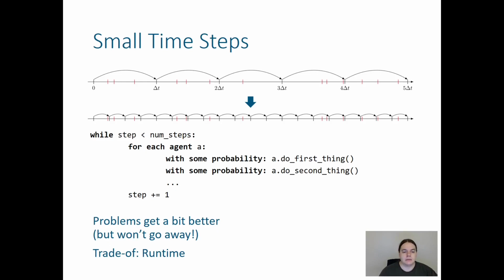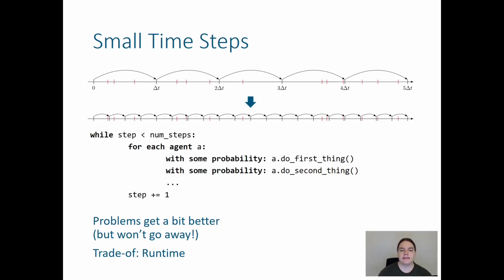And also very important, this will increase the runtime of your simulation, because now you will have to check very often if the event should actually happen, and most of the time it won't. You have many time steps like these and this and this and these, where there will be no events at all. So can we do better than that?